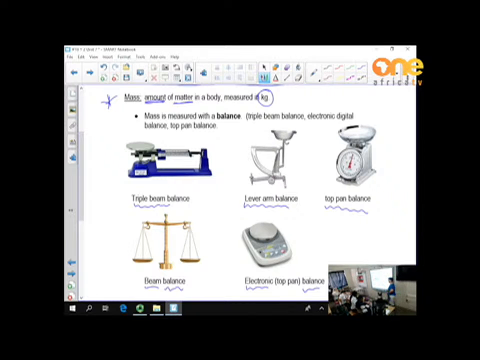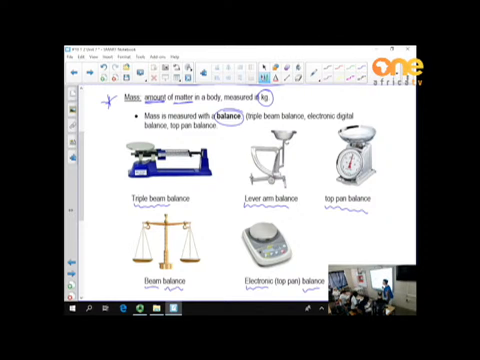That one with a spring that stretches is used to measure force. All right, people, so the instrument that we use to measure mass is a balance, or you can say a mass meter. But balance is the correct word.